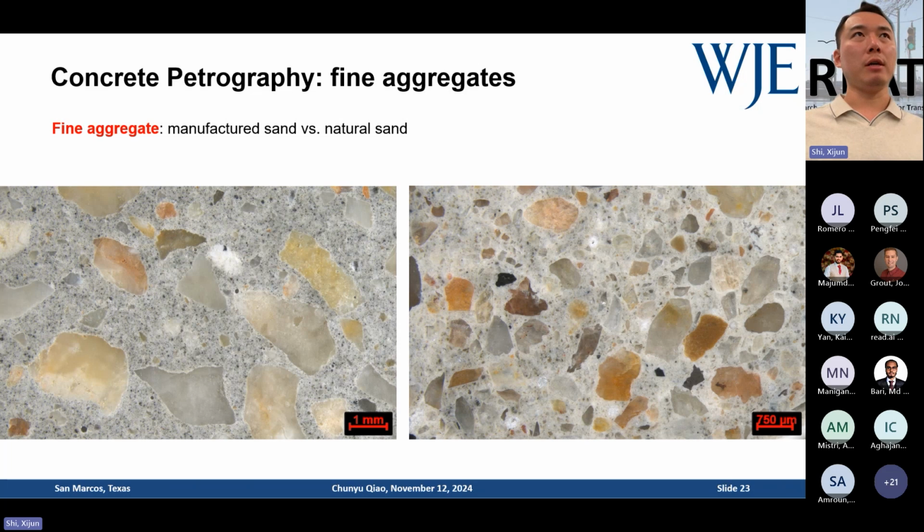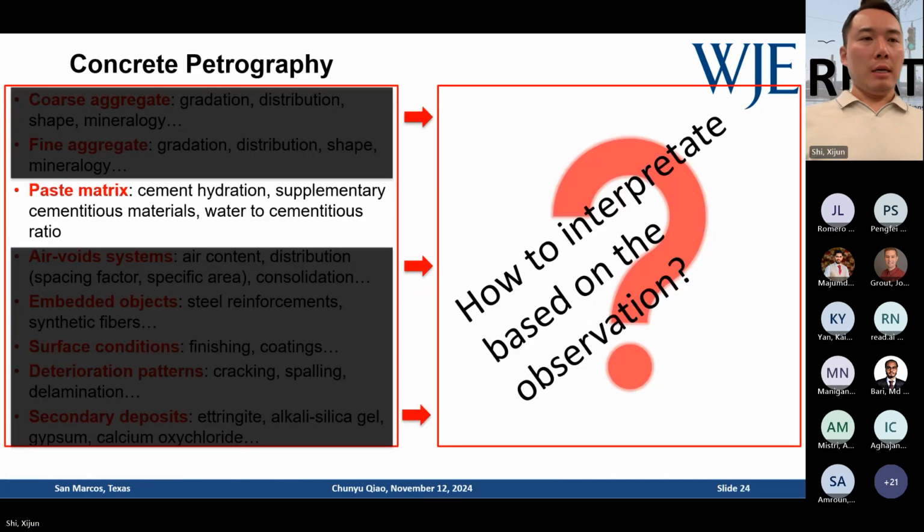They're fairly angular and kind of uniform in color or look. The one on the right is natural Colorado River sand, here in Central Texas. It's basically siliceous, with a lot of coarse particle fragments. You have some granite particles there as well, and sometimes you have chert. Those are the aspects of concrete aggregates.